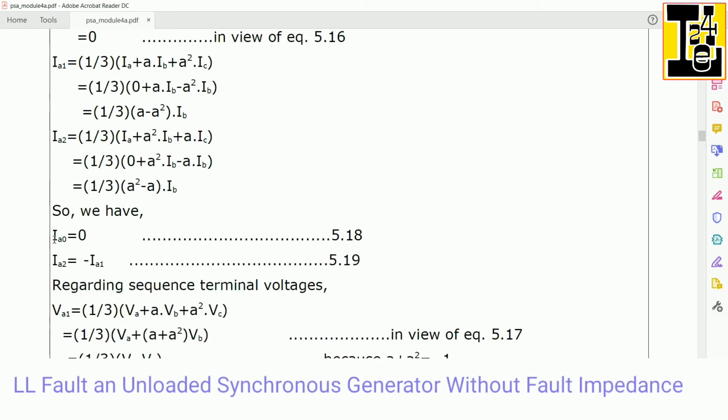So by these results we come to know that IA0 is equal to 0, and if you observe these two expressions, you can observe A minus A square here and A square minus A there. Taking minus outside, finally we can equate them together and write IA2 is equal to minus IA1.